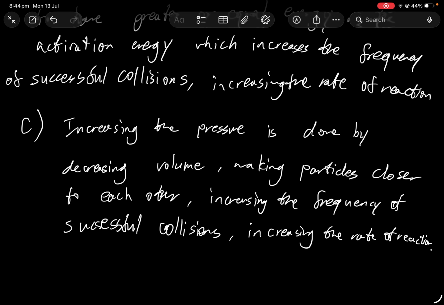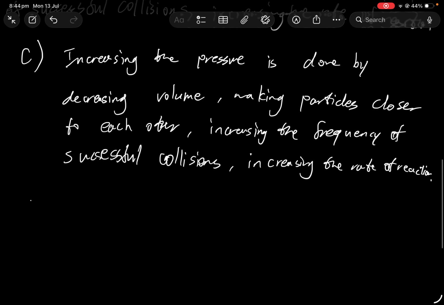And then for part D, it says explain how the use of a catalyst will increase the rate of reaction.